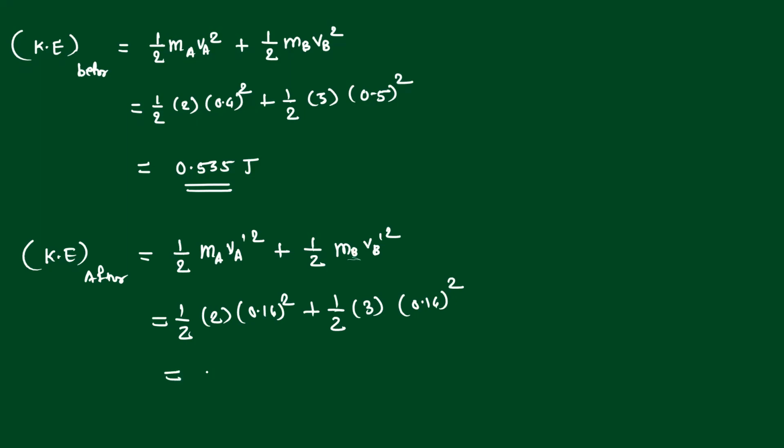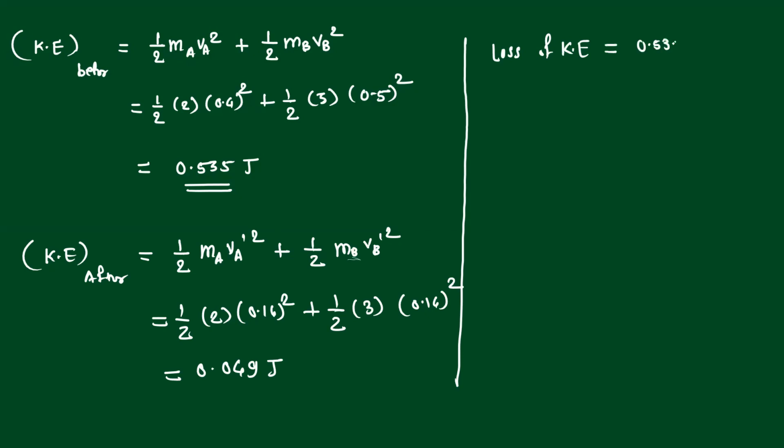So this total kinetic energy after impact is 0.049 joule. Now first find out the difference of kinetic energy. So loss of kinetic energy is equal to initial kinetic energy 0.535 minus final energy 0.049.